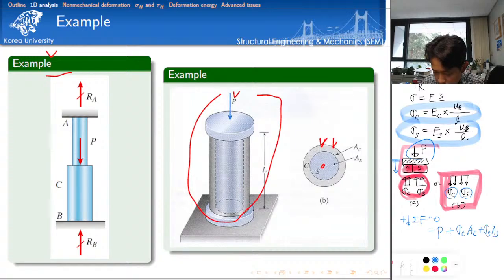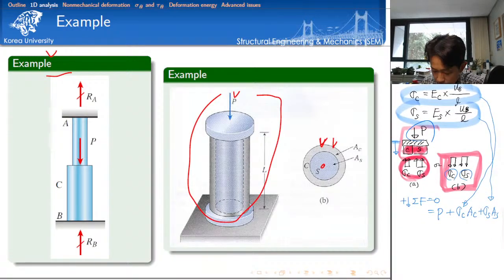So let's plug these expressions into this equation. Everything is systematic, one by one. You don't have to worry about it. Then this is equal to what?